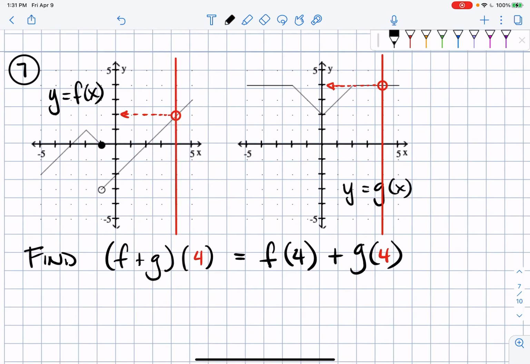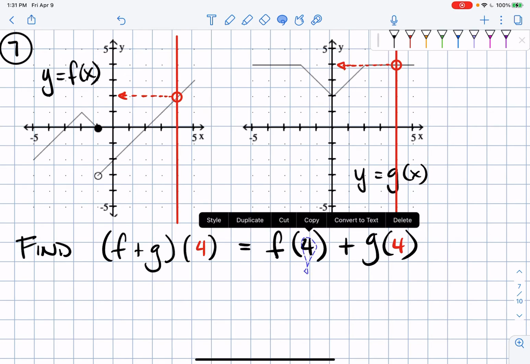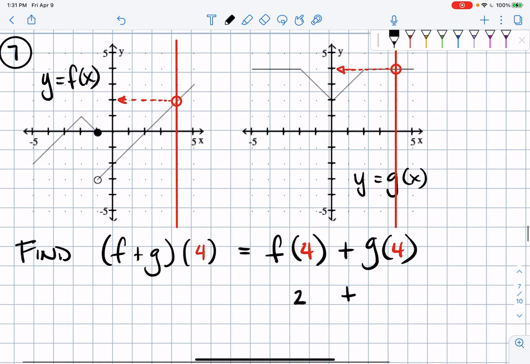So when x is equal to 4, what happened here? Why didn't this turn into red? Oh, that's why. Because I didn't do it. All right, there we go. All right, so f of 4 is actually going to be 2. Plus g of 4 is going to be 4.